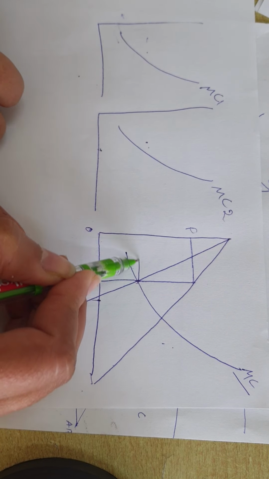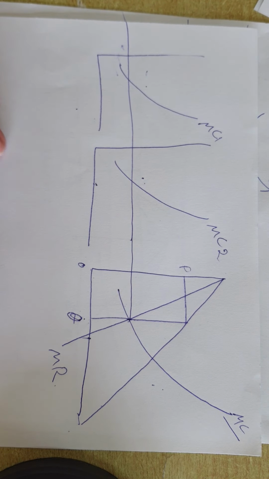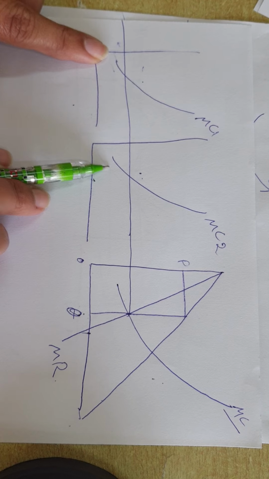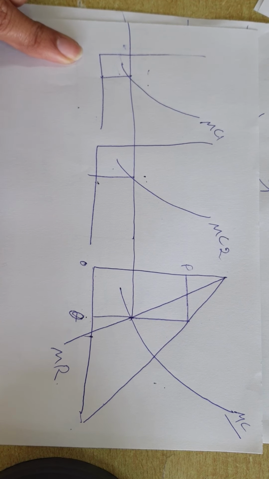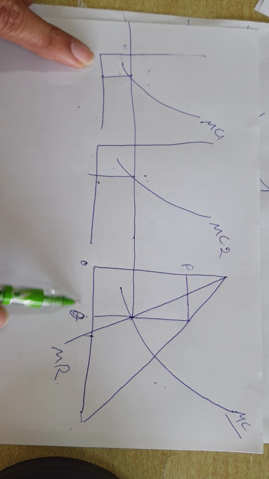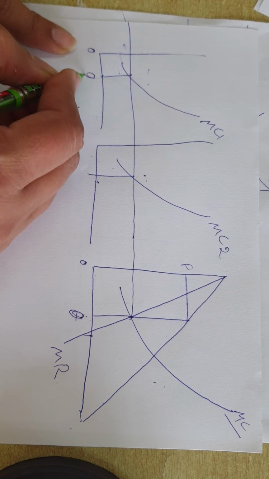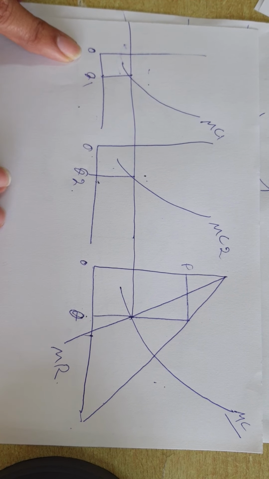So we will draw a horizontal line like this, and wherever it cuts these cost curves, the quantities are fixed. If I add these two quantities, it will be equal to this. So the quantity of the first plant is this, the quantity of the second plant is this.